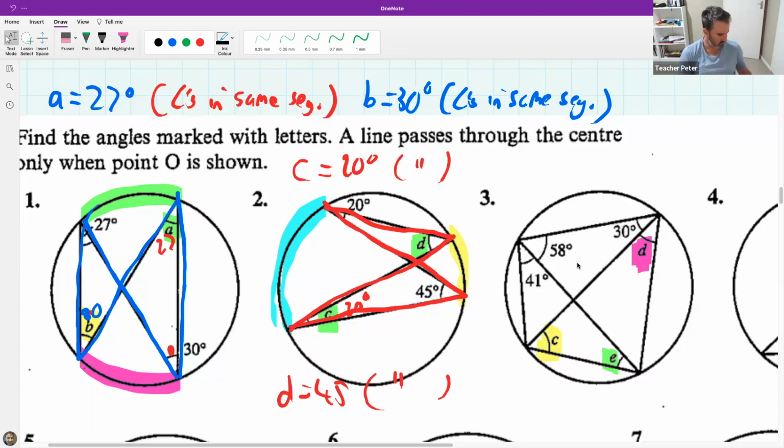I feel like we're doing our pre-season training for circle geometry, building those muscles.